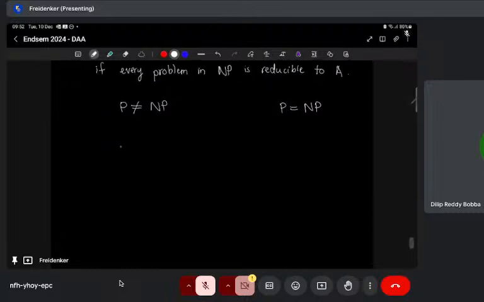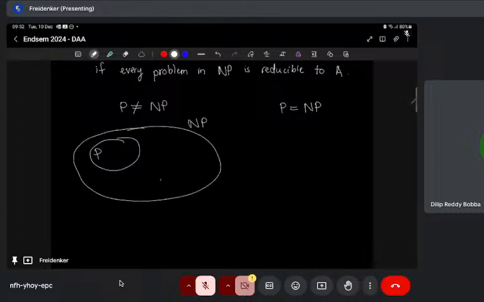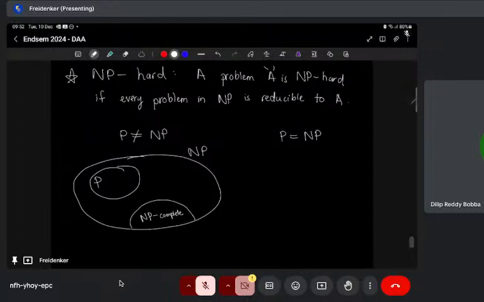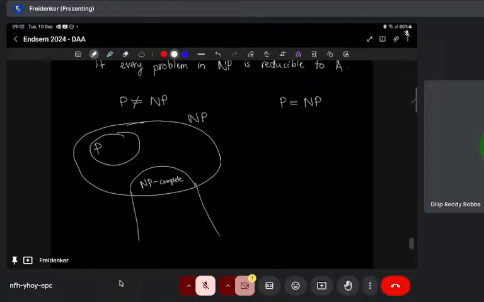If P is not equal to NP, P will be here, NP will be here, NP complete will be somewhere over here. But NP hard need not be inside NP. It can be outside as well. So this big thing is NP hard, and NP complete is a part of NP hard. This is NP hard, NP complete is here, and then you have NP.